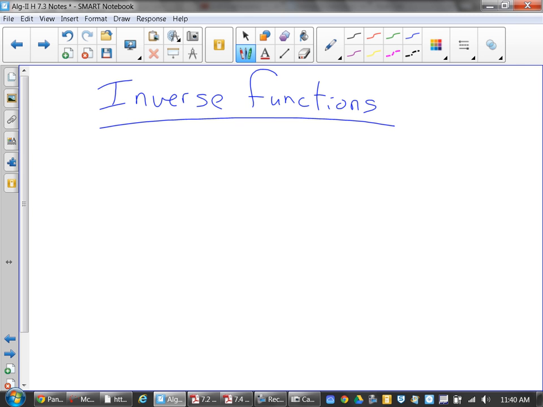I'm going to mix a little bit of 7-4 with the inverse, with the function notation, as opposed to writing out equations of functions yet. Because we're talking about inverse functions. What happens here is f of x and g of x are inverses of one another if and only if. Remember that?